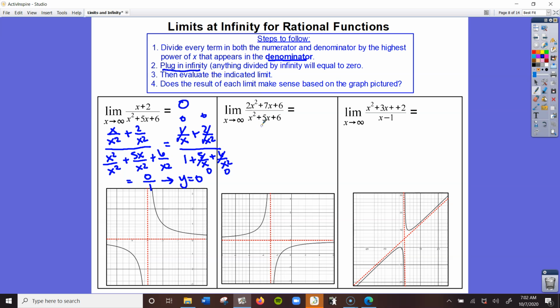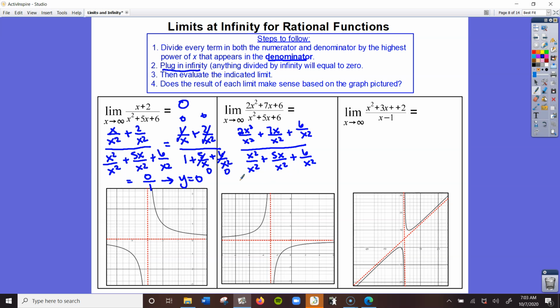When we look at the second one here, I see the highest power of x in the denominator is x squared. So I'm going to take every single term and divide by x squared. So 2x squared over x squared plus 7x over x squared plus 6 over x squared, all over x squared over x squared plus 5x over x squared plus 6 over x squared.